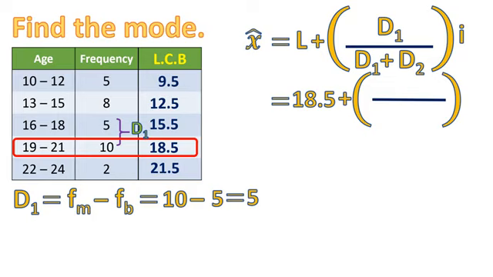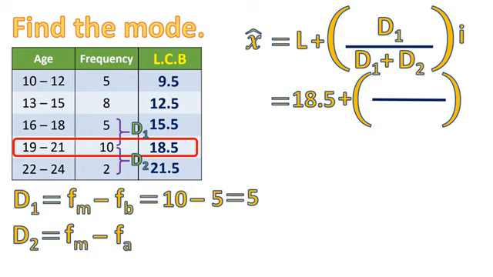Then for D2, or D sub 2, it's equal to the frequency of the modal class, which is still the same 10, minus the frequency after the modal class. So it is the 10 and 2 that you are going to find the difference of.